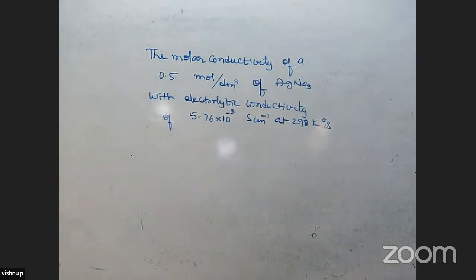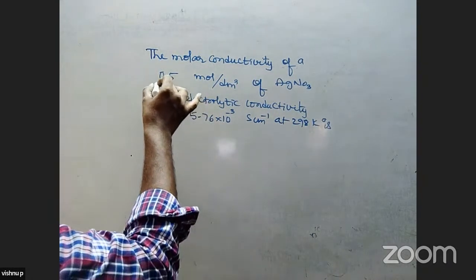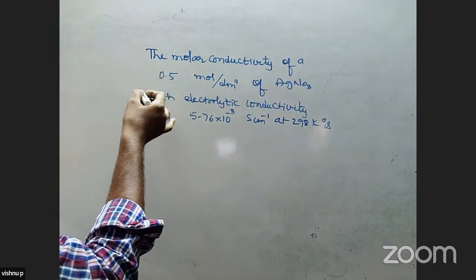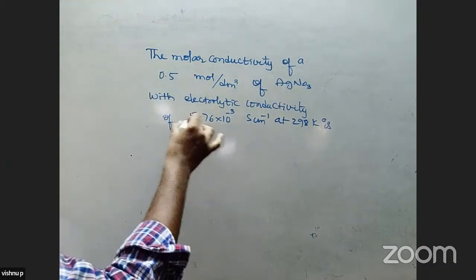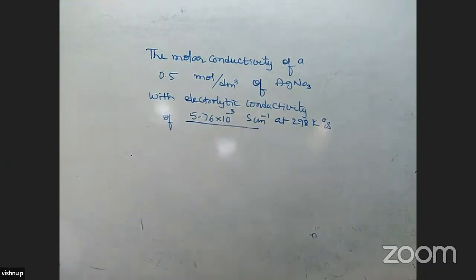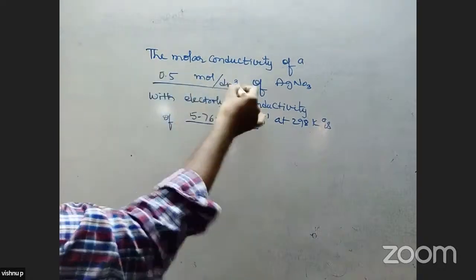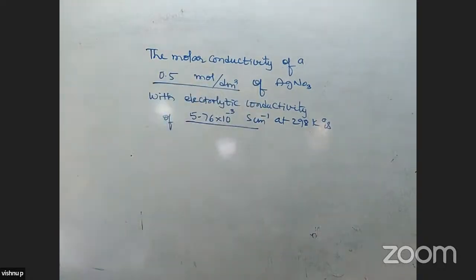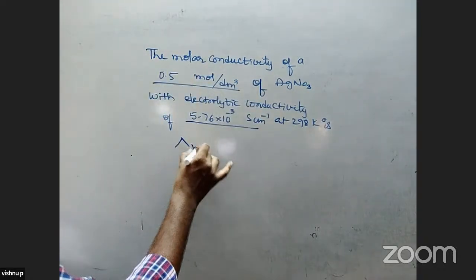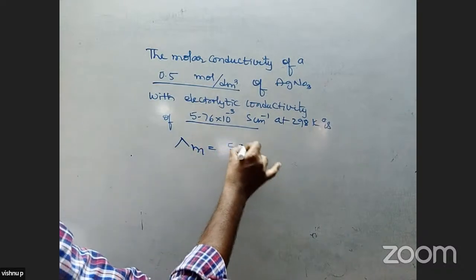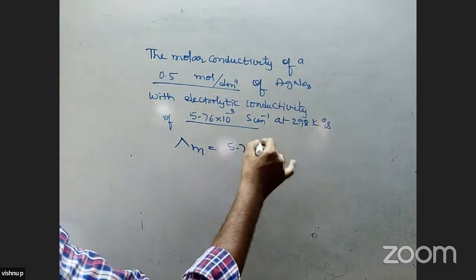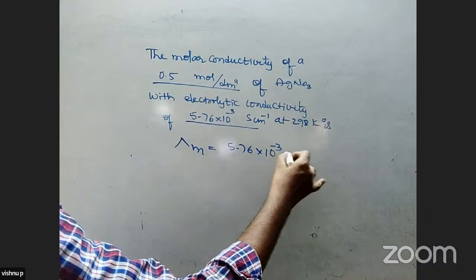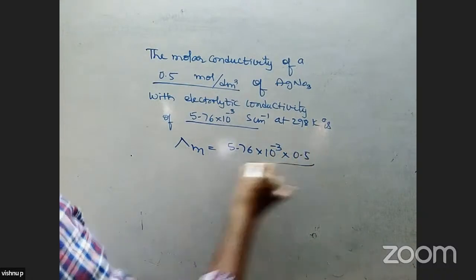What information is given here? Find out the molar conductivity. Conductivity is given. Molarity is also given, the concentration of AgNO3. So molar conductivity is equal to 5.76 into 10 to the power of -3 into 1000 by molarity, which is 0.5.